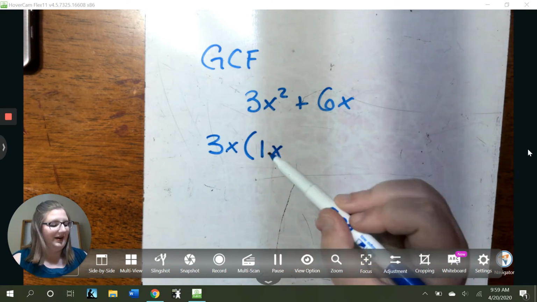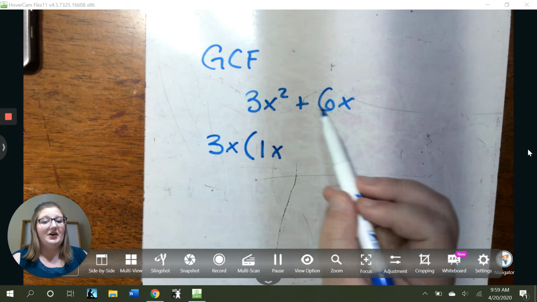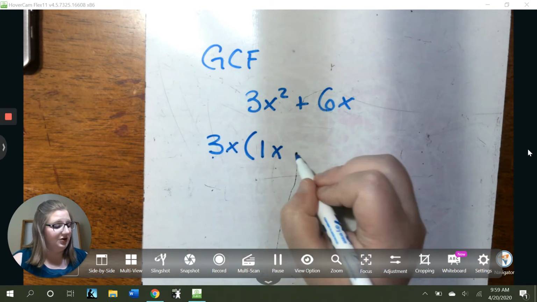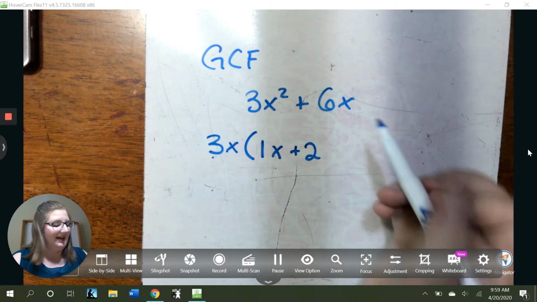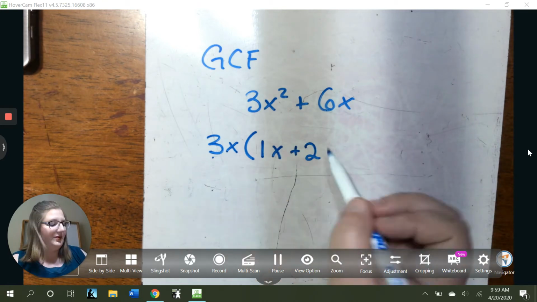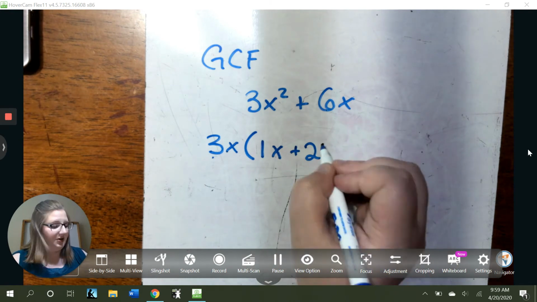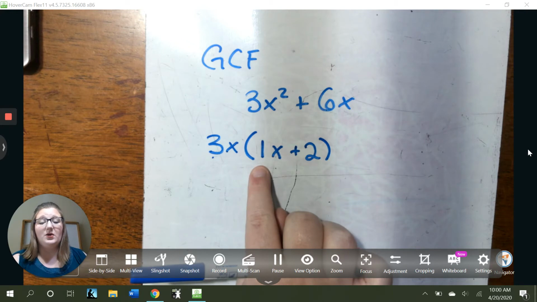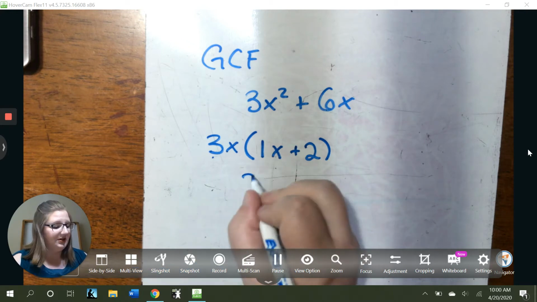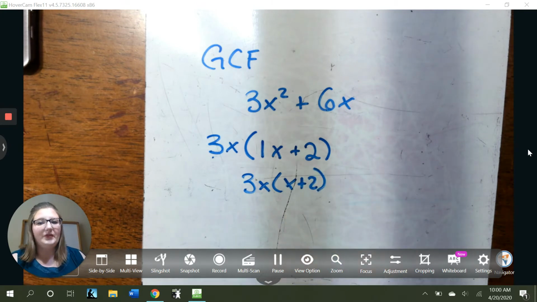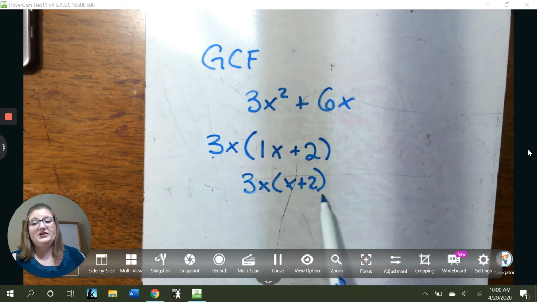So 1x for our first term, and then our second term, 6 divided by 3 is 2, so plus 2, and then x divided by x would divide out, so we wouldn't have any variables for our second term. I'm going to rewrite this without the 1 because we normally don't write a 1 as our coefficient, so we would have 3x times (x plus 2). So that's factoring using the greatest common factor.